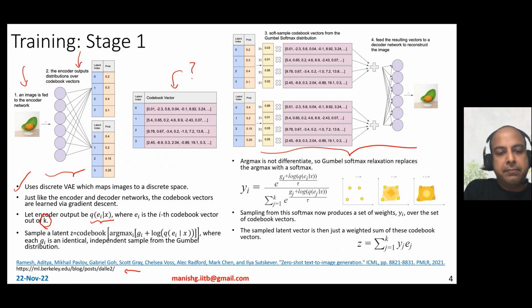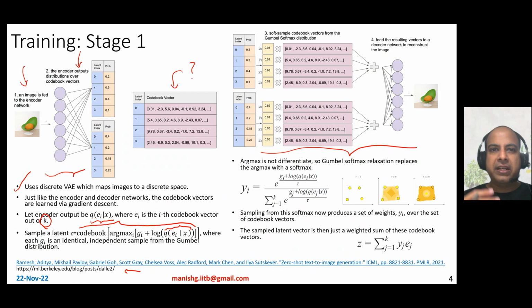You could sample a latent by looking up the codebook representation for the argmax over i of g_i plus log of q of e_i given x. Remember, q of e_i given x is basically the probability associated with the logit value for the ith codebook vector for this particular position from the encoder.